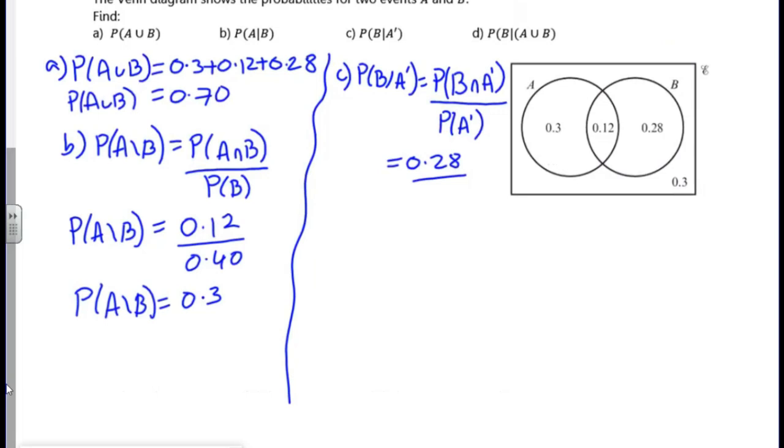So not A will be the 28 and the 30 together, so 0.58. Oh, but we're doing that the wrong way, which cancels down as 14 over 29.